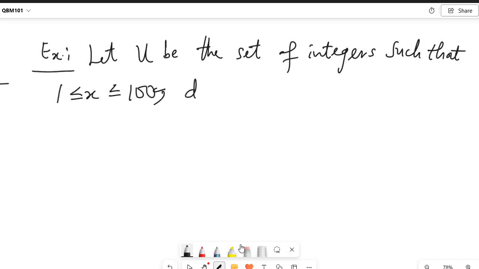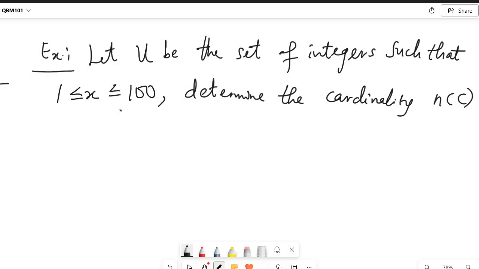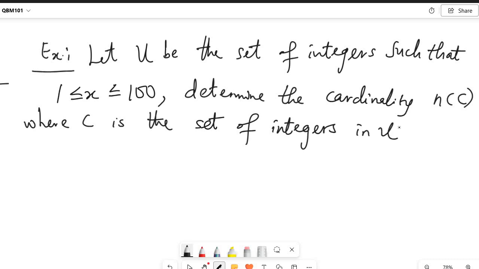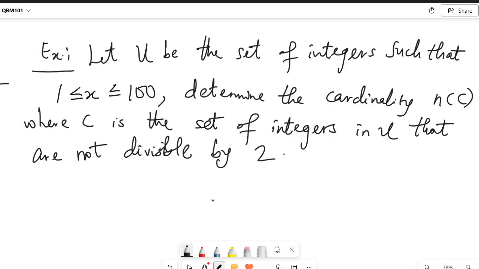We are asked to determine the cardinality n(C), where C is the set of integers in U that are not divisible by 2. Look at this question.